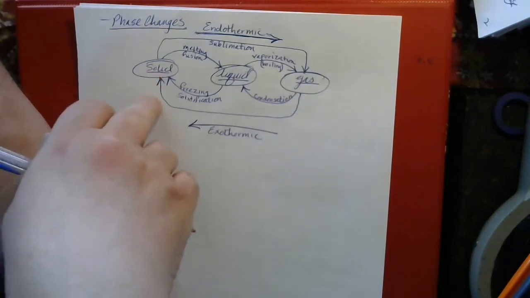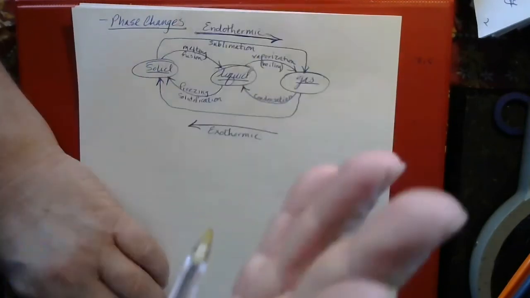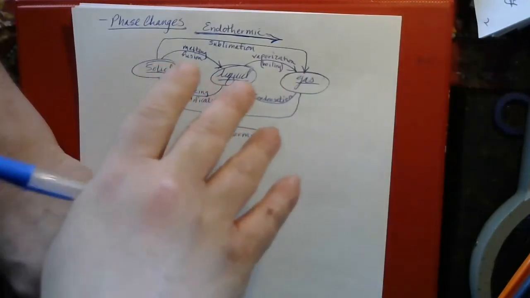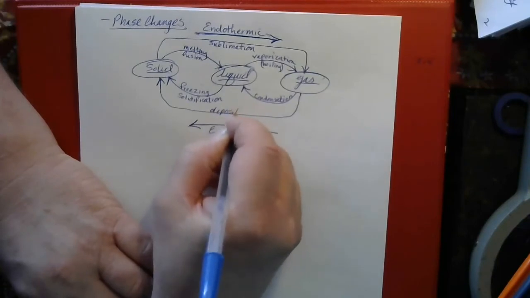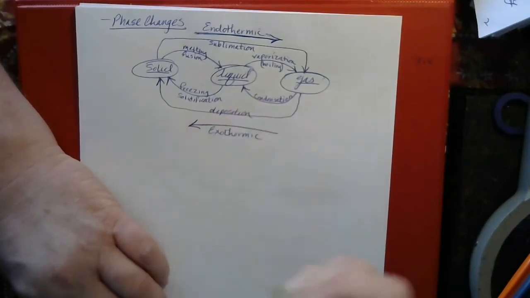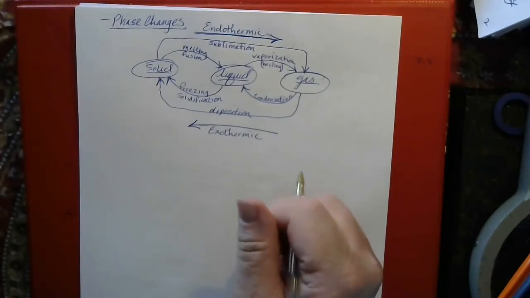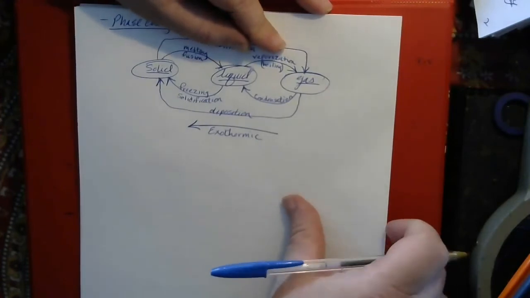So your ice cubes are basically subliming into water vapor, and that water vapor is then depositing itself on the walls of the freezer. And again, that's why you have to defrost it every so often. And that is known as deposition, because the water vapor is depositing itself as a solid on the surface.